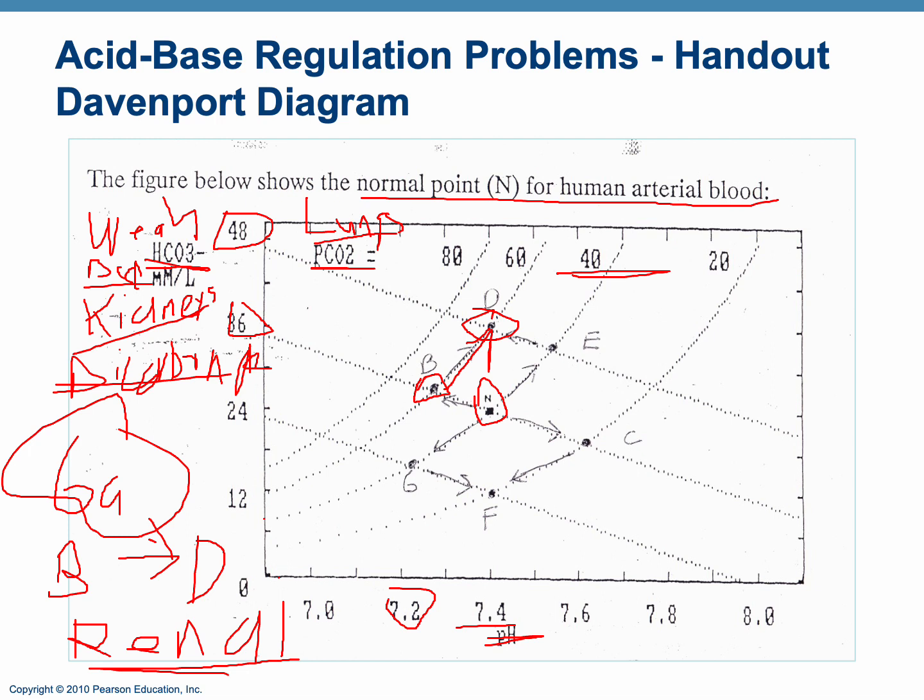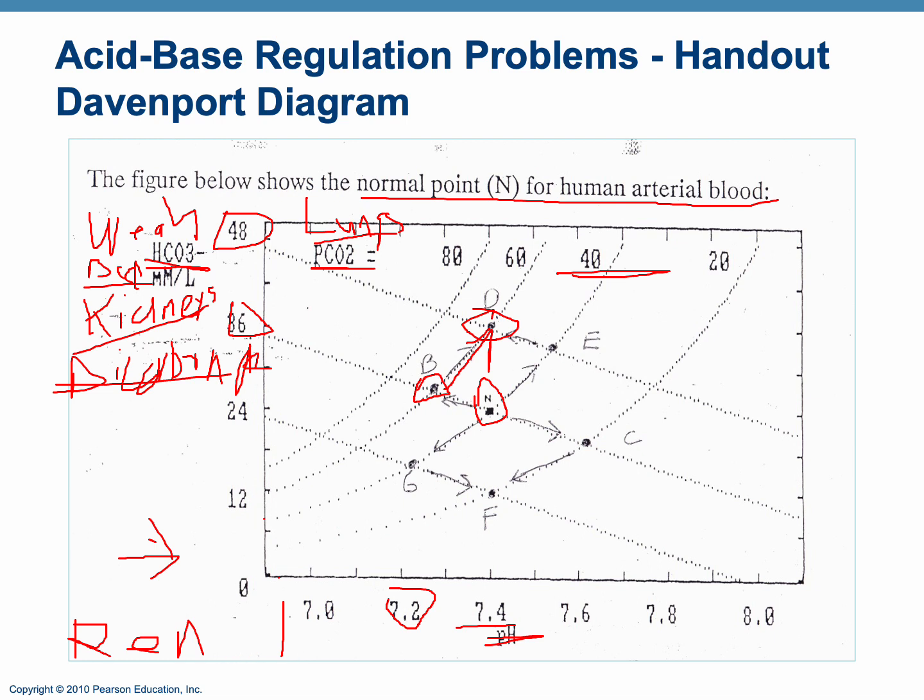Okay? And then our last one here that we're going to do, 6B. So looking at number 6, 6B.